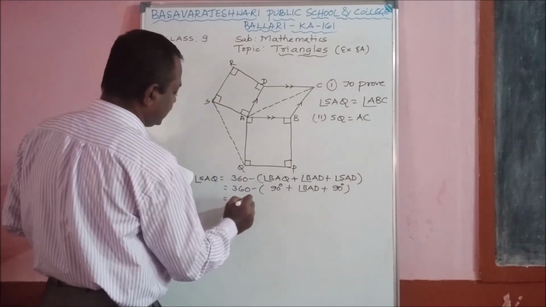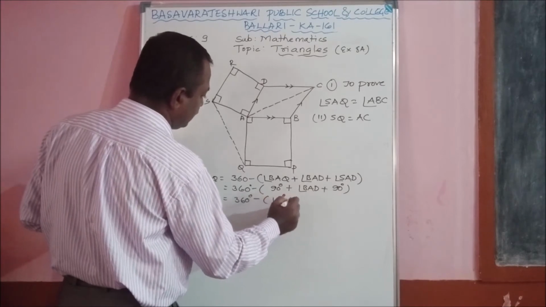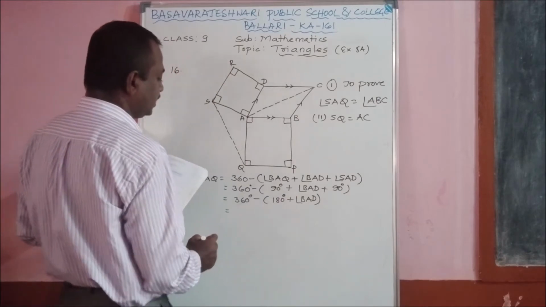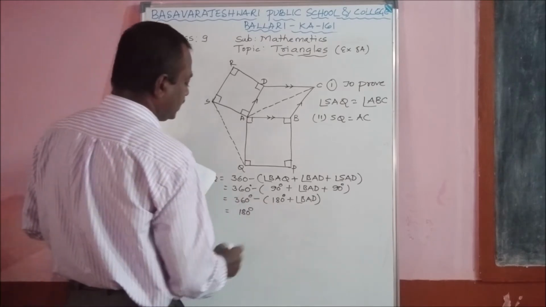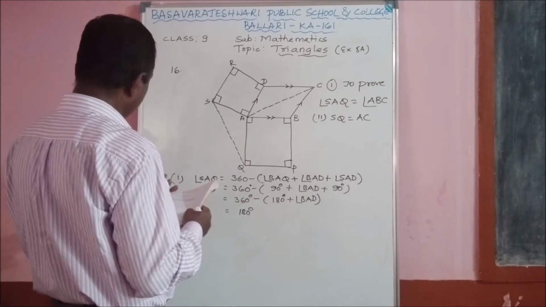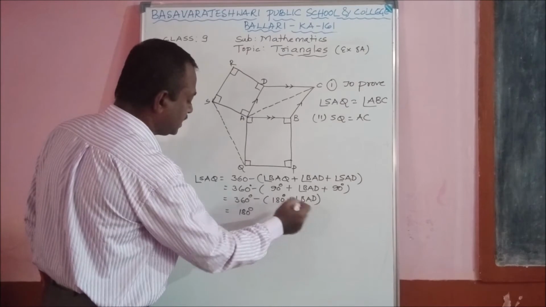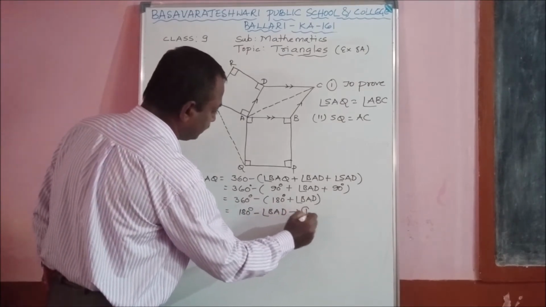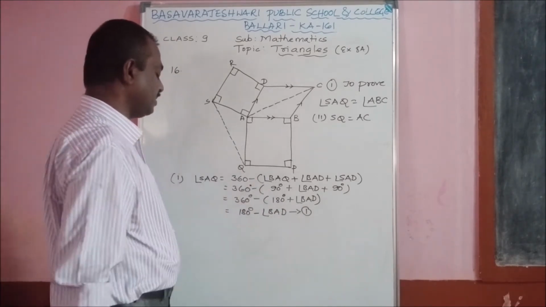That is 360 degrees minus 180 degrees minus angle BAD, which is 180 degrees minus angle BAD. That is equation number 1. Correct?